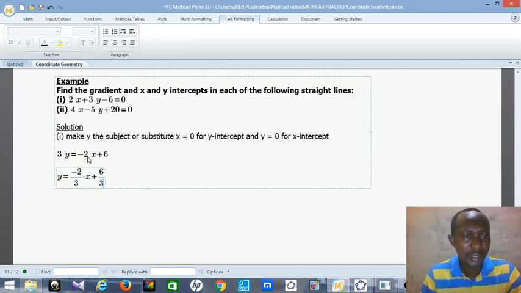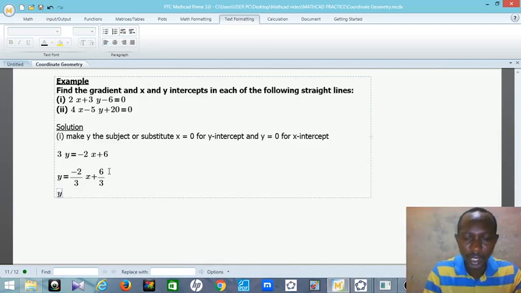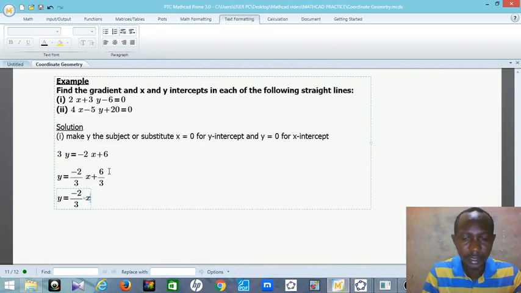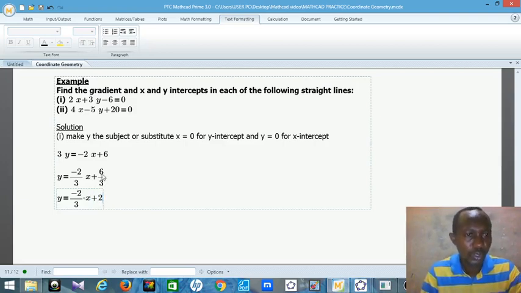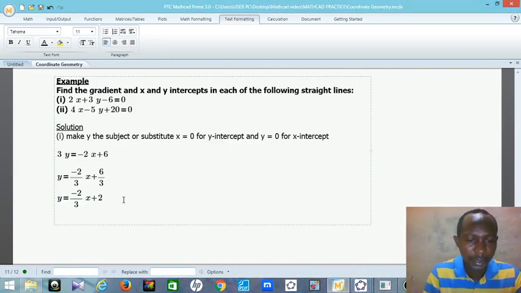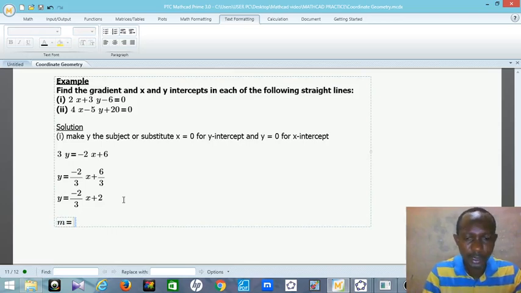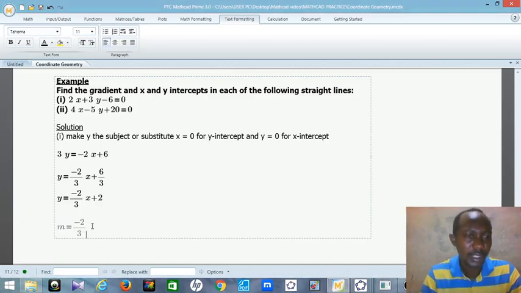Finally it gives us y is equal to minus 2 over 3 x plus 2, since 6 divided by 3 is 2. So at the end I say therefore the gradient, which is m, is equal to minus 2 over 3.